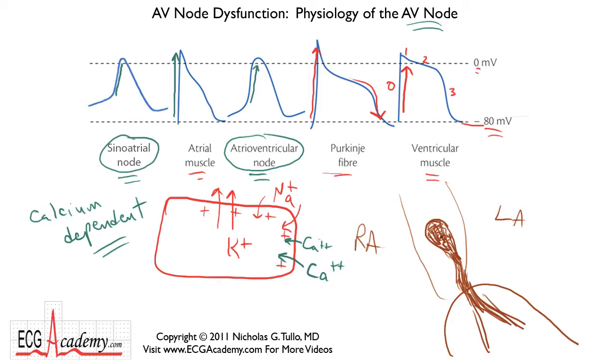There are specific AV nodal cells known as N cells. This isn't too terribly important, but I want you to understand that there are also transitional fibers. These are long cells that extend out into the atrial myocardium, and they funnel the atrial signal into the AV node.